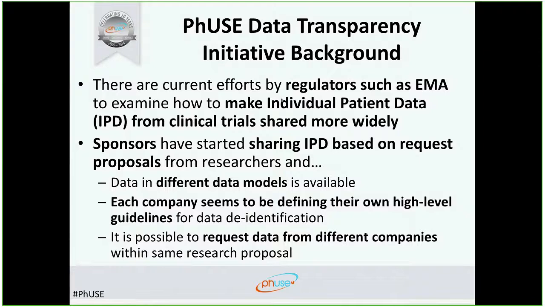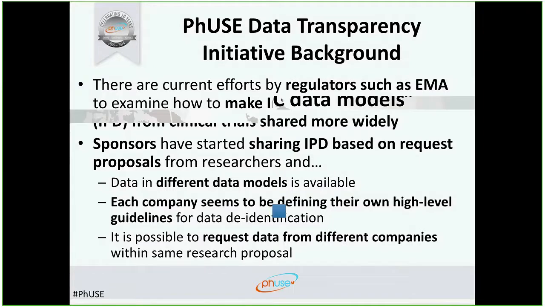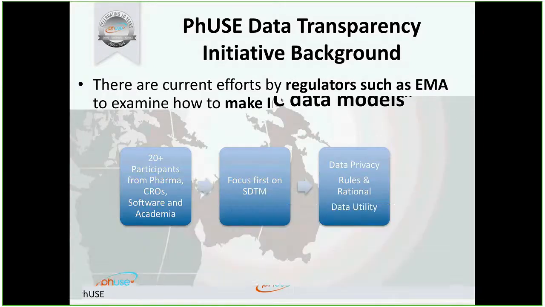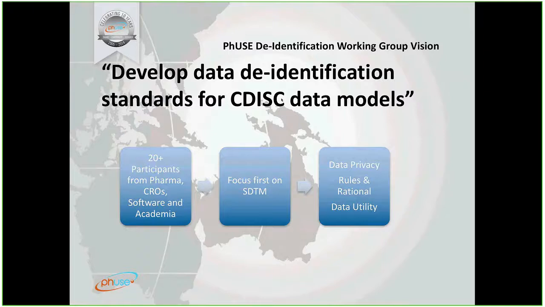So we felt there was a need to provide a standard that could be used to try to harmonize both how data is identified, but also to save time to companies who are making this data available. So we decided to focus again on CDISC data models to have something extremely concrete.